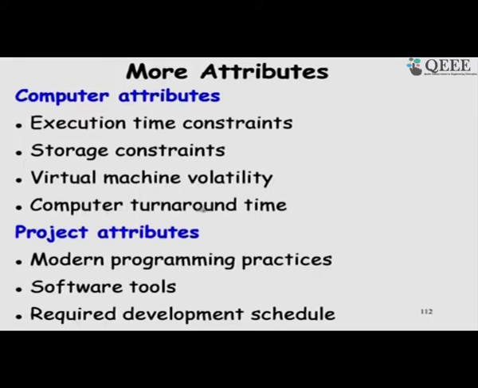Computer turnaround time. This is a factor which says once you submit a job to the computer, how much time does it take to return the result in your organization.